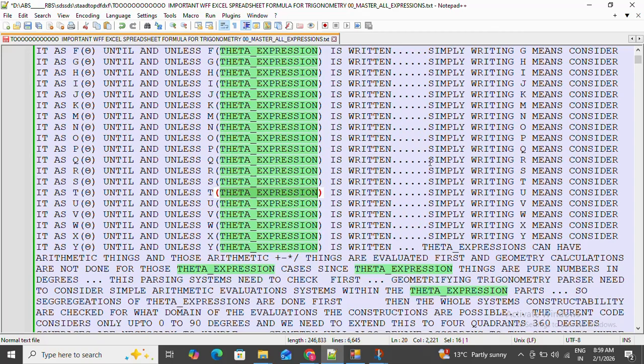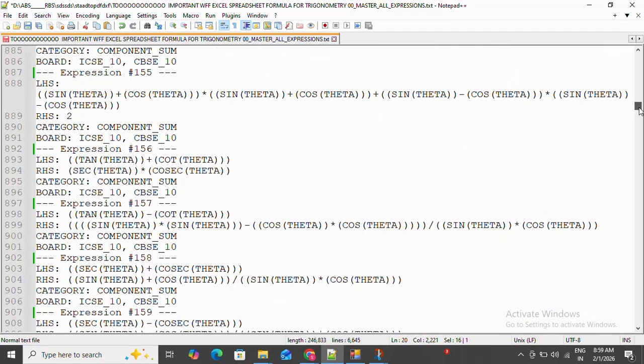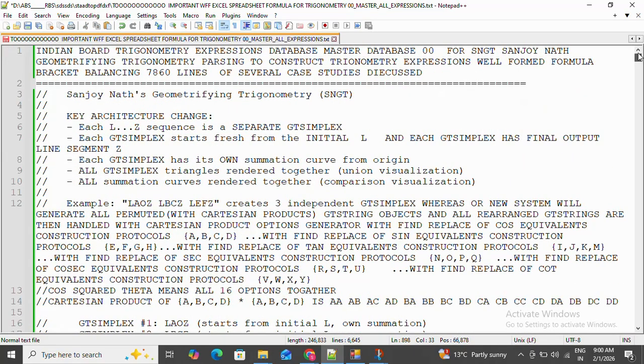For example, suppose this plus is outside the theta expression, not inside the cos or sine, so here we will not parse this plus as a numerical value. We will not consider this multiplication as a numerical value. We will consider these things as a geometric construction protocol. This is what we were trying to say here.